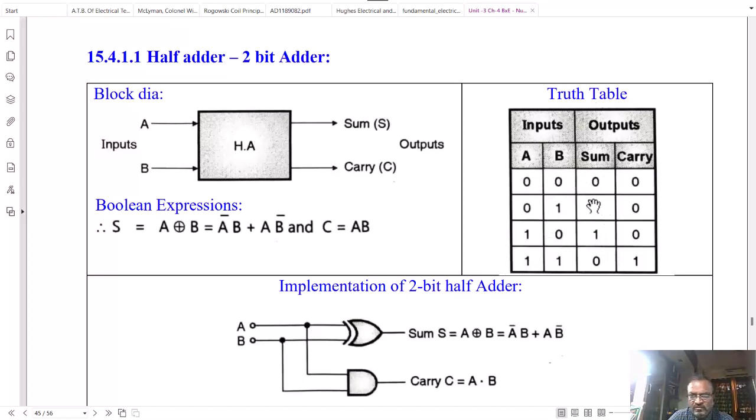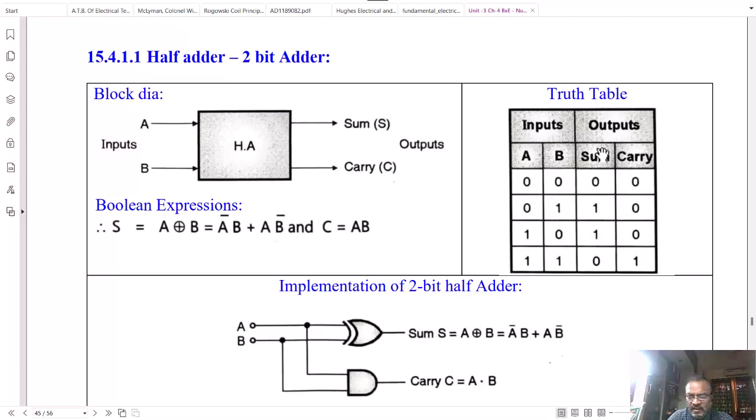So ignore these rows altogether. And then for the second and third row output, write the output terms. The first term corresponding to row 2 is A bar B, and for the third row it is A B bar.